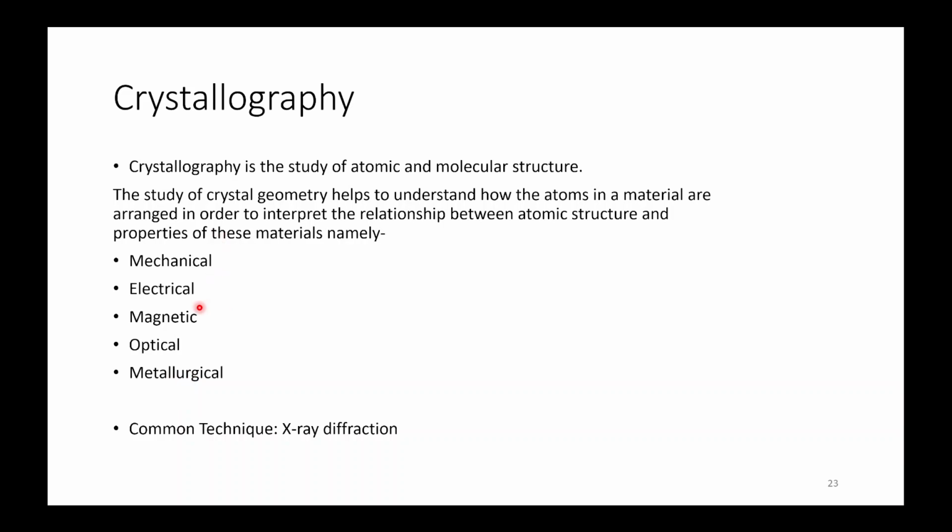So in crystallography, we mainly study how these properties depend on the particular crystal structure and atomic packing. The common technique that we use for identifying what type of crystal structure is present in a material is X-ray diffraction.